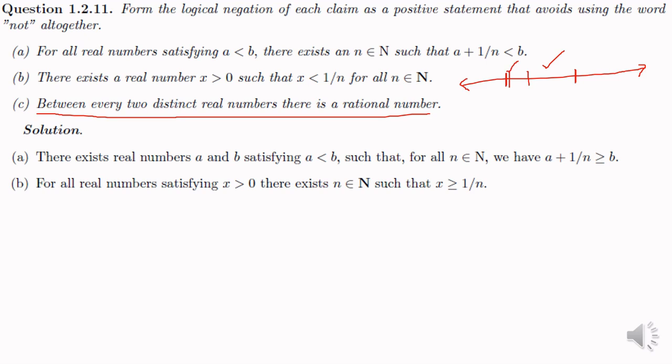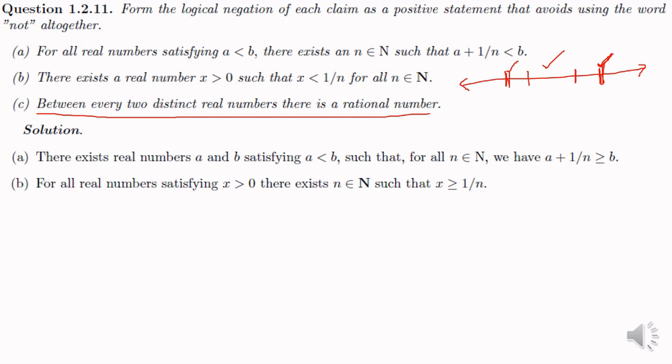Now when we negate that, we have to say that we can find two real numbers such that there is no rational number between them. So there exist two real numbers such that there is no rational number between them. We cannot use the word "not", so we will say that all the numbers between those two real numbers are not rationals.